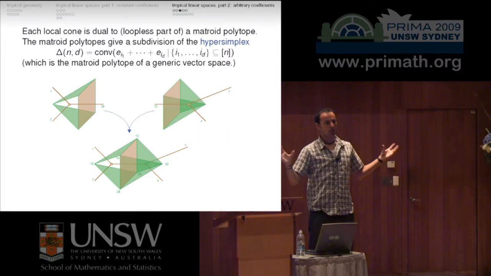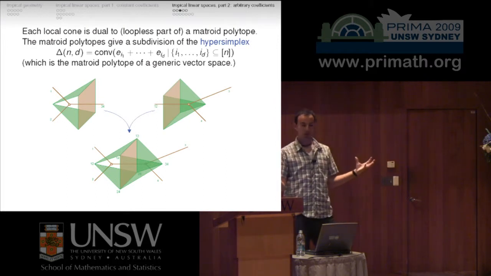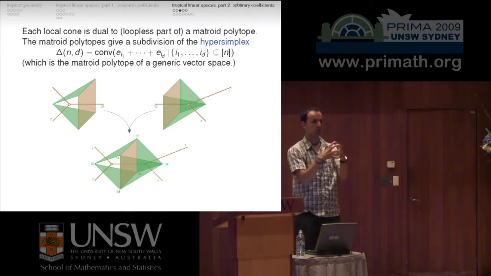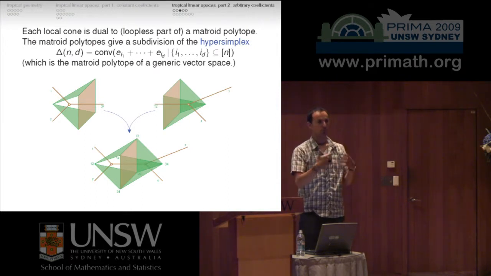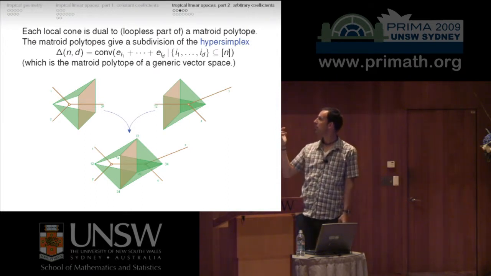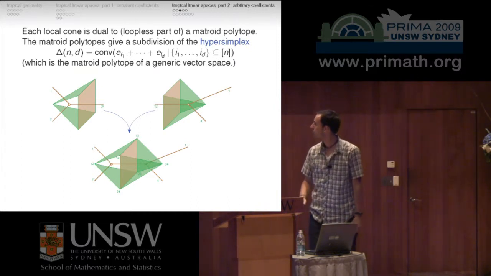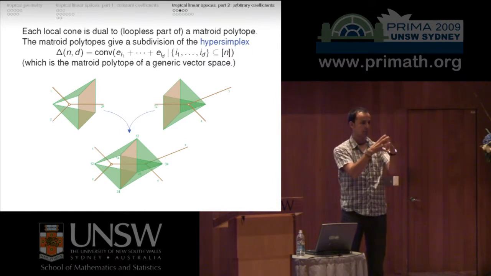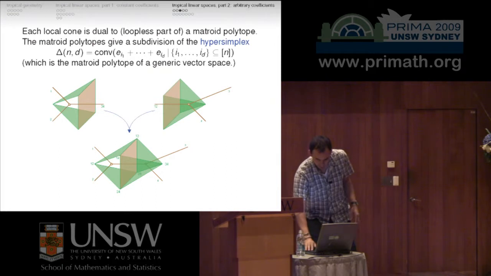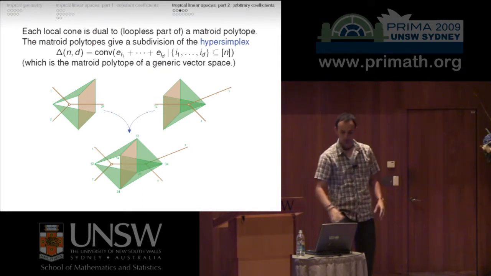The beautiful thing is that you can put these pictures together, because these matroid polytopes come together to form a tiling of the main matroid polytope, which is the hypersimplex delta n,d. Here you see it. These two come together into an octahedron, which is the hypersimplex. By the way, this bigger thing is also a matroid polytope.